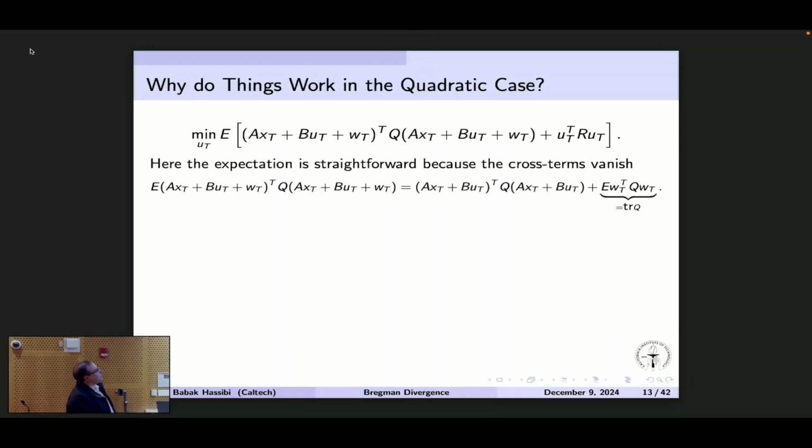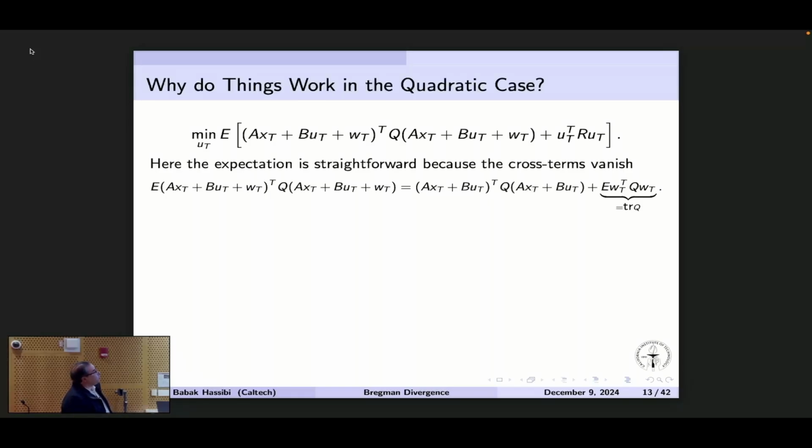These are deterministic. This is random and zero mean. So the deterministic terms come out. There's cross terms involving this random times this deterministic. Those in expectation go to 0 because W is zero mean. And so you're left with the quadratic term in the random stuff, which has some expectation. Doesn't matter. It's not a function of U.